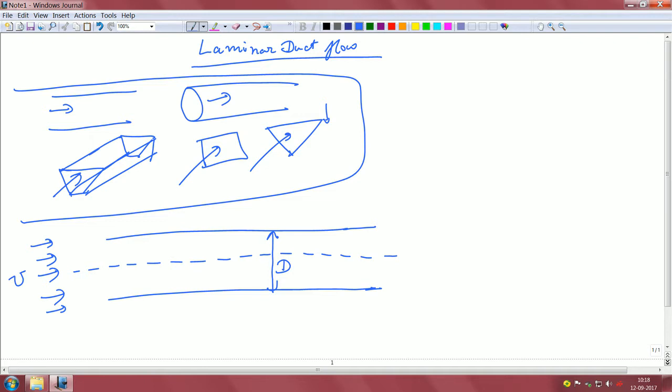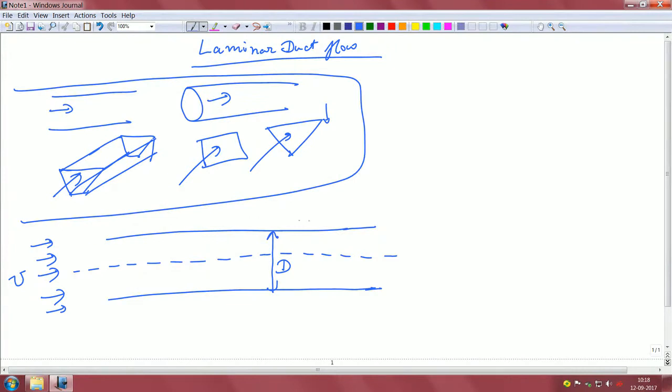It can be a pipe also, but the plate is easier because we deal with a Cartesian coordinate system, but the same thing can be done for a pipe as well. There is no hard and fast rule about that. The interesting feature is that this is now a bounded flow because there is a boundary on both sides, so there is no extension to infinity.